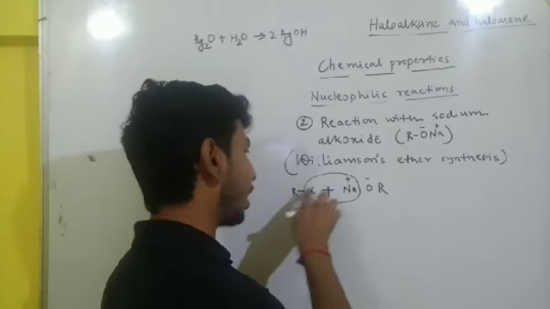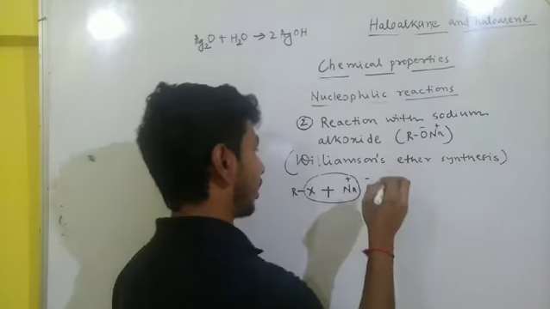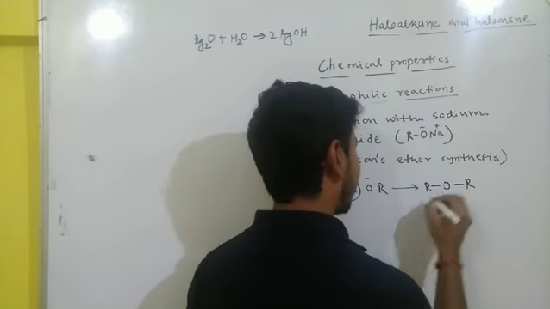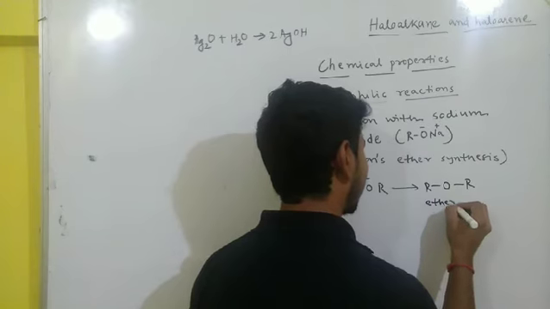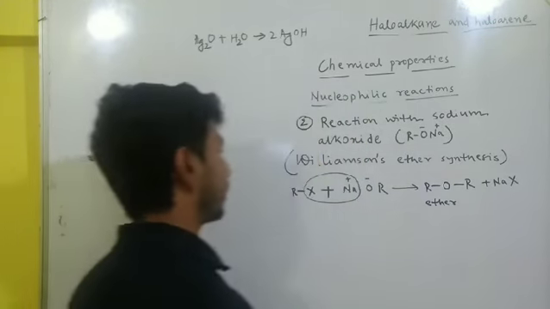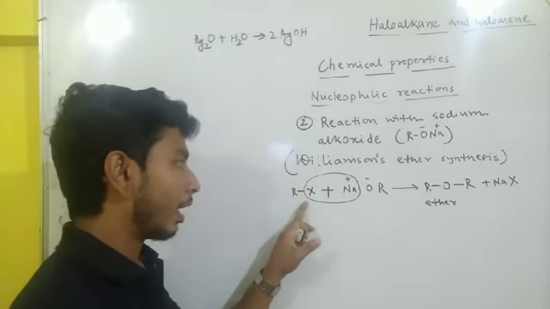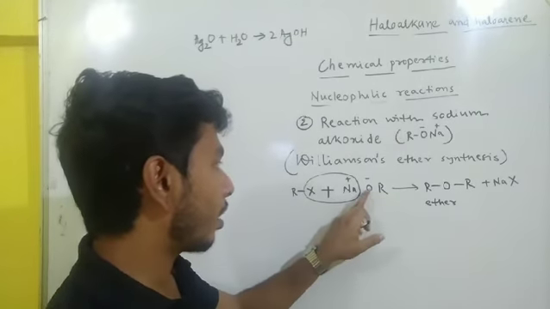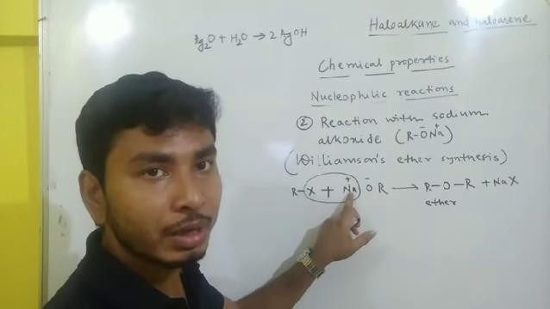So the product is ROR, called ether, plus NaX.